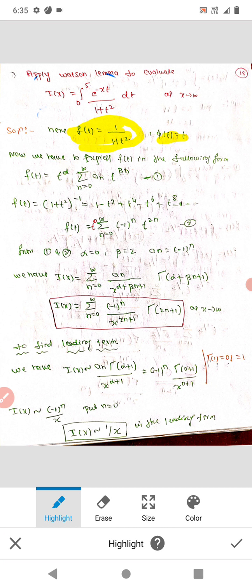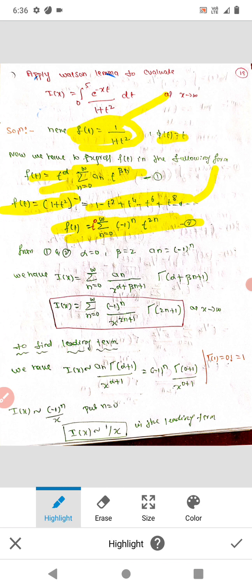Now we have to express this f of t in this form. Given f of t can be written as (1 plus t square) to the power minus 1. Expand this, we get f of t equals t to the power 0 summation n equals 0 to infinity minus 1 to the power n t to the power 2n.